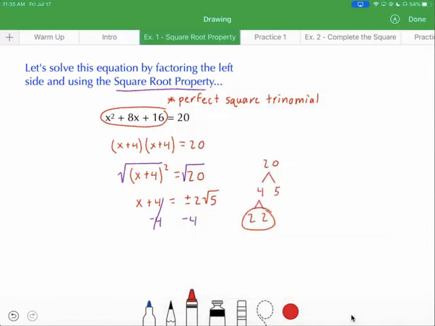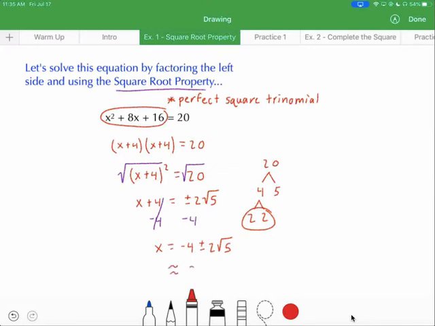And that's going to lead me to x equaling, exactly, negative 4 plus or minus 2 square roots of 5.